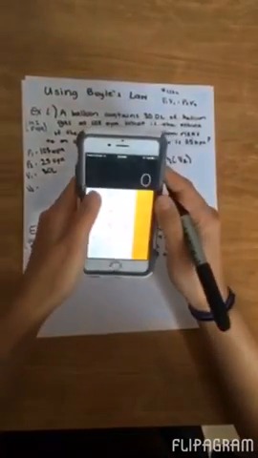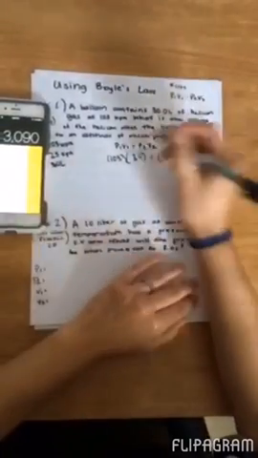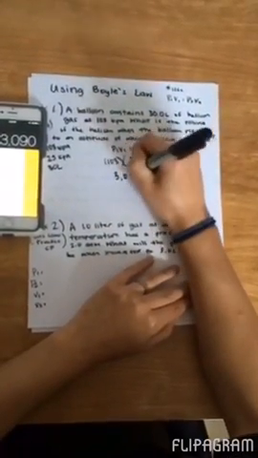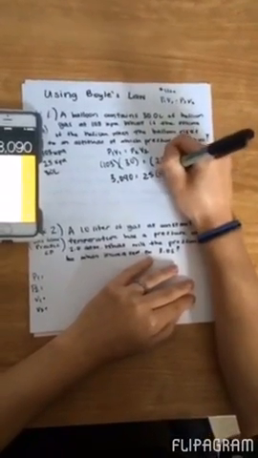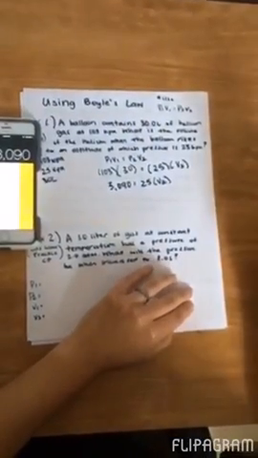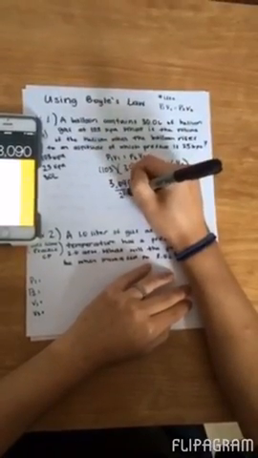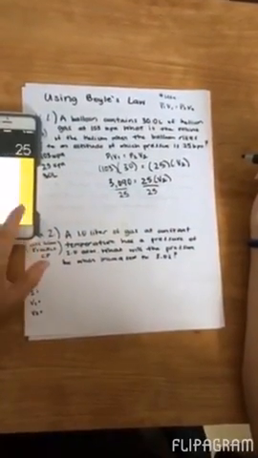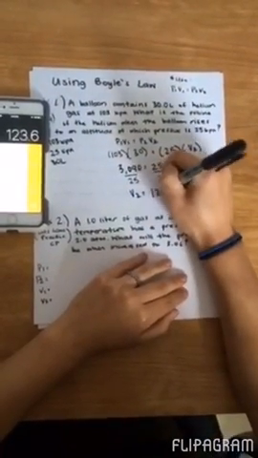So to start off, we're going to multiply 103 times 30. That gives us 3,090 equals 25 times the volume. So now you want to divide 25 on both sides. And that will give us a volume of 123.6.